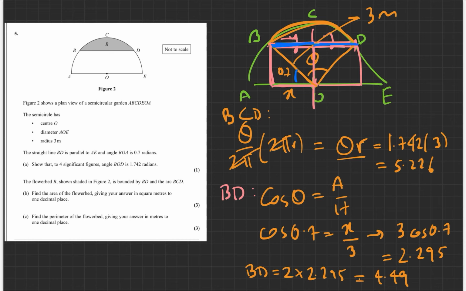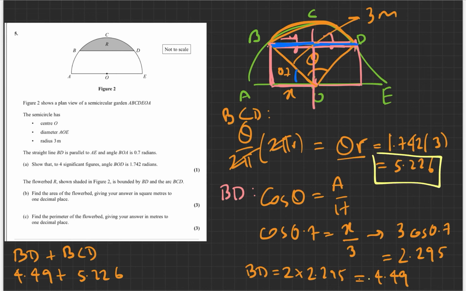So we need to add BD plus BCD, right? And we know that our BD is 4.49 and we know that our BCD is 5.226. Let me just put a box around them so you can all identify the answers, right? Plus 5.226, and this is going to give us 9.8 meters in 1 decimal place. Perfect, right? So now we have completed this whole question.